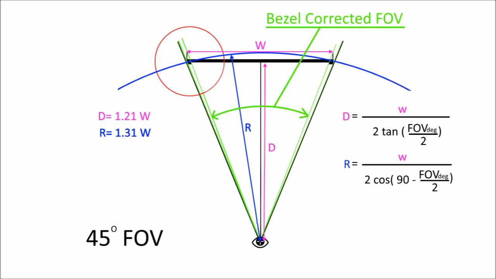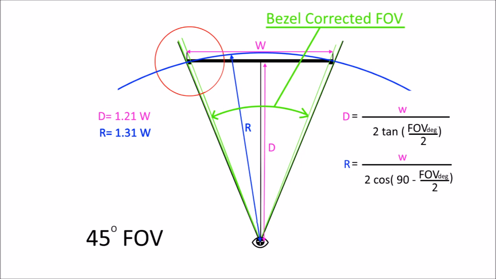It is from the inner edge of both of the bezel edges and it represents the amount that can be shown on the actual LCD screen. There are also formulas here to calculate the optimum viewing distance from the screen to the eye and the radius of the circle that represents the arc through each of the edges of the viewing screen.